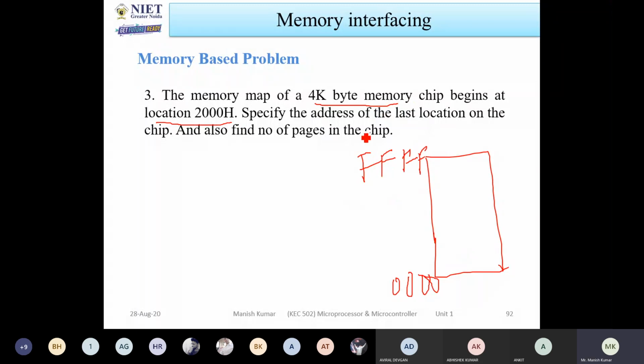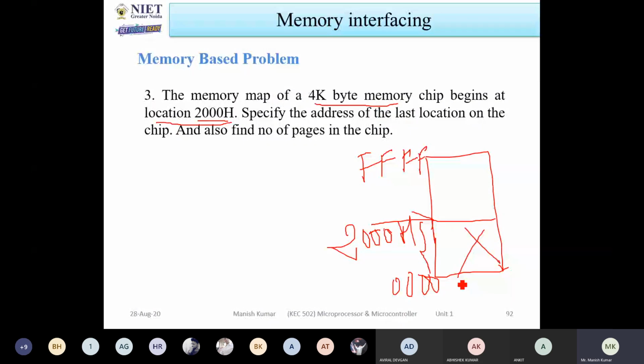But in this case, the chip begins at 200H. Let us consider 200H is somewhere else. This memory is starting from 200H. It means that the lower location is already busy somewhere. I don't know. So this location I am not going to use.